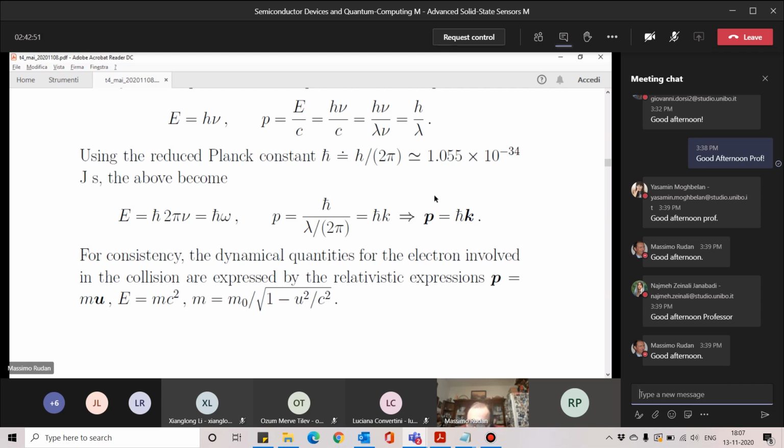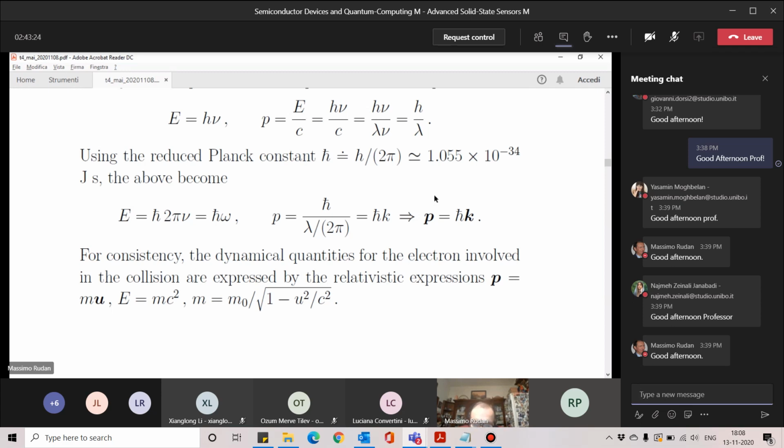Another issue is that this is something that is already given in the elementary classes on mechanics. When you have a two-particle interaction, essentially you can assume that the motion of the two particles stays always on the same plane. So we start by assuming that the two particles belong to the xy plane.